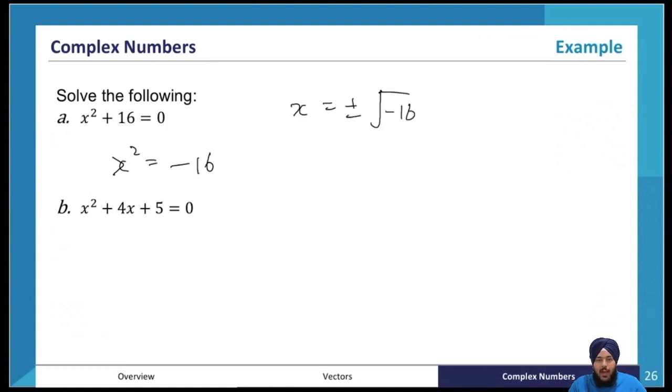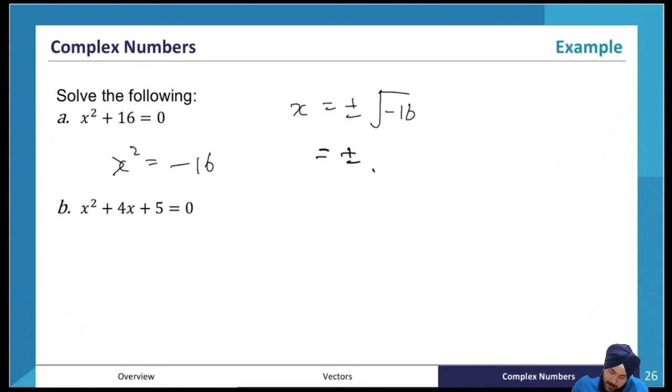Okay, so now we encounter a problem, and this is how complex numbers were invented. How are we going to solve this, because root negative 16 does not exist? So how can it exist? Well, we need to use i. So what is i? i is root negative 1.